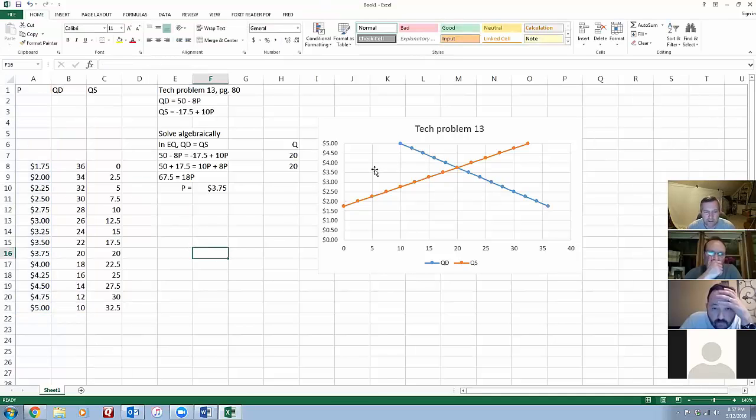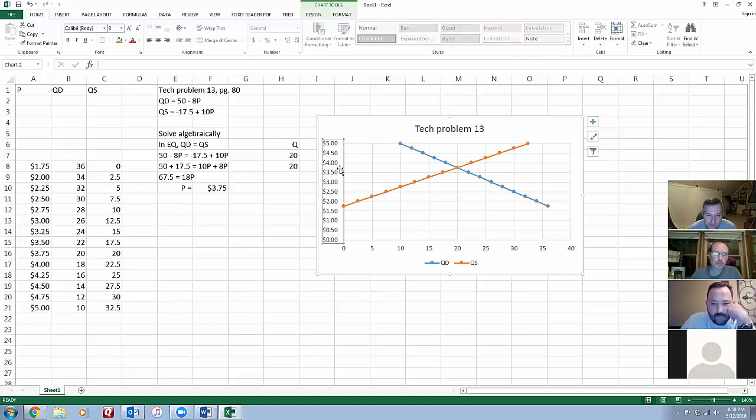So now I can see in my table, when I've got my 375, that these two values are equal, and it's the only place where the quantity demanded and quantity supplied are equal. Every other place, they're not. So I can at least see here they're equal. But look, even in my chart, it doesn't have 375. It doesn't tell me the 375 number.